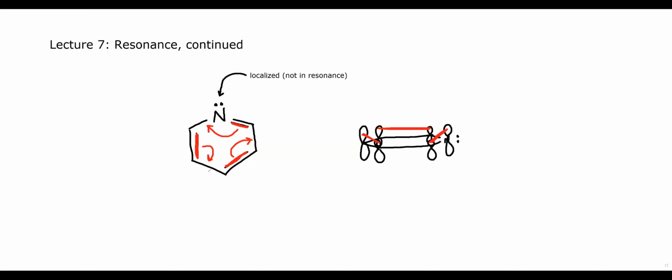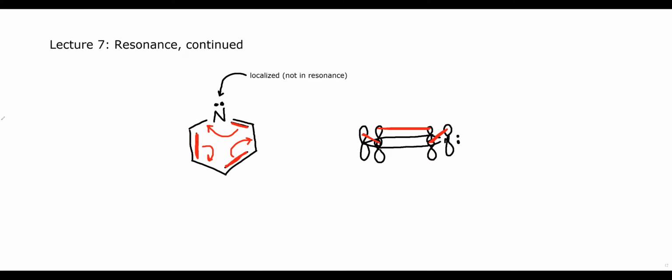Okay? So this is sort of a tricky little rule. And you have to kind of think about it for a second. Are these two electrons in a p orbital? If they are in a p orbital, then they could be delocalized. They could be participating in resonance. If they're not in a p orbital, that means they're not participating in resonance. Okay?